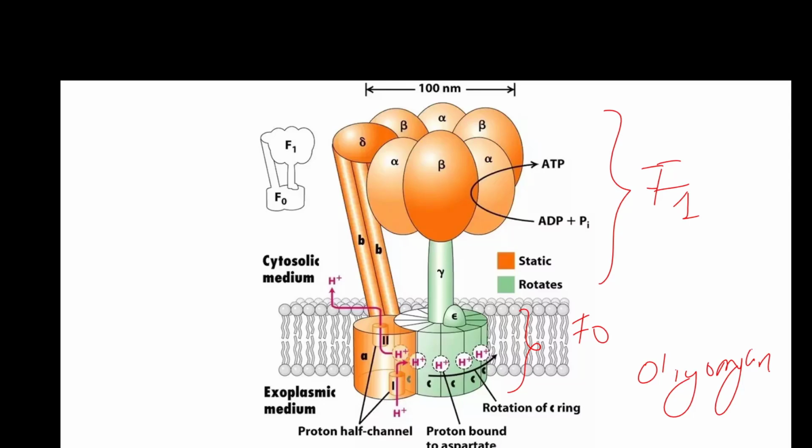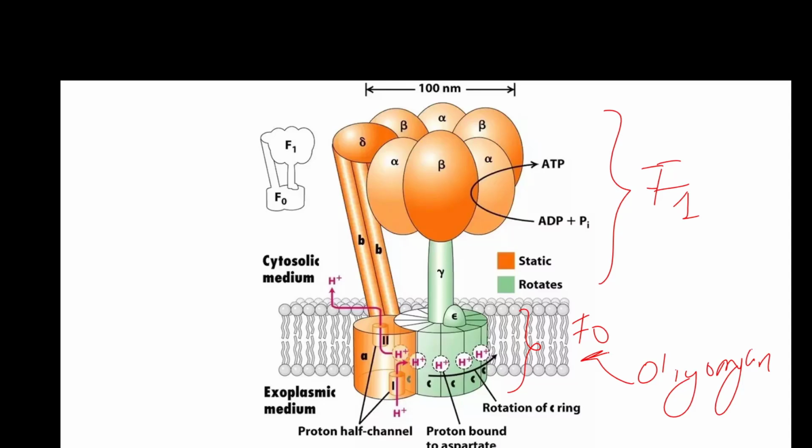This antibiotic blocks the F0 subunit and thus inhibits the proton movement and thus inhibits ATP synthesis. The F1 ATPase is made of 3 alpha, 3 beta, gamma, delta, and epsilon subunits, and is tightly bound to F0 and protrudes into the matrix.